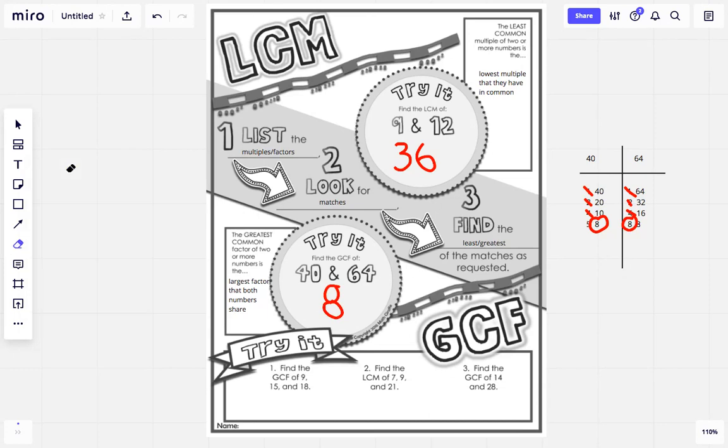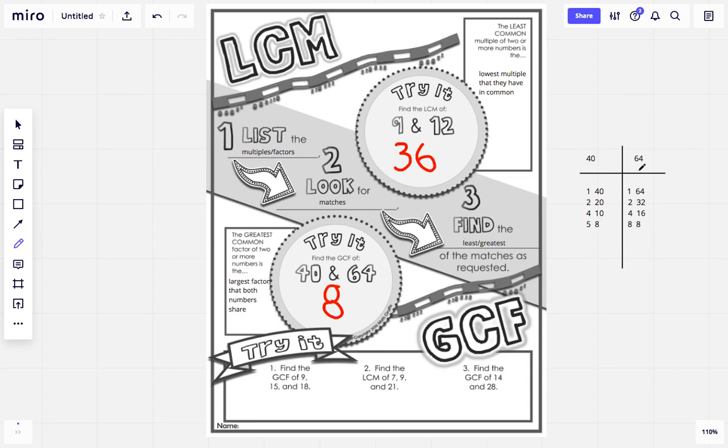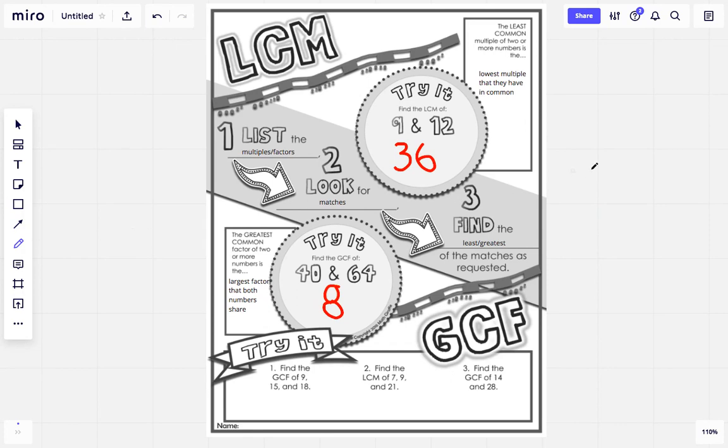So we can try this with a couple other problems. So number 1 says to find the greatest common factor of 9, 15, and 18. So now it's asking us to find the greatest common factor of 3 numbers.